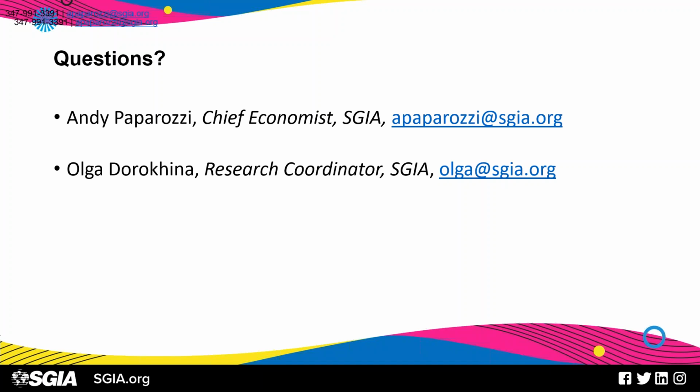Then we will have a Q3 survey about wages and salaries, and Q4 will be about strategies and also about equipment purchases. So we divided it to make it easier for the respondents to reply to the survey. At the same time, we are able to provide important information to our members and to our participants throughout the year.